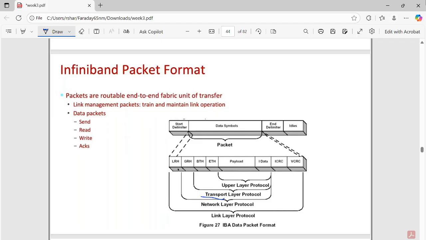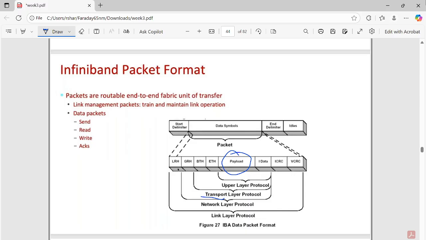So there will be some identifier which says where this packet is coming from. The main payload is in the center, but there are bytes which define from where this payload is coming, where the payload is intended to go, and what kind of operation it is.